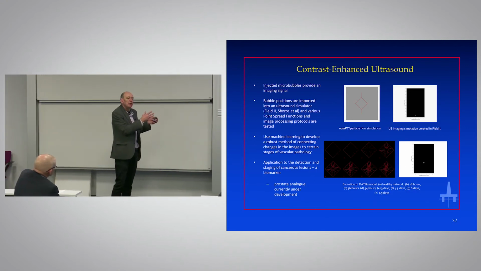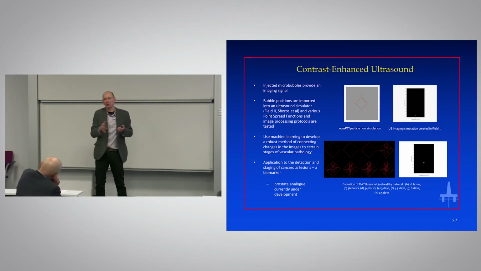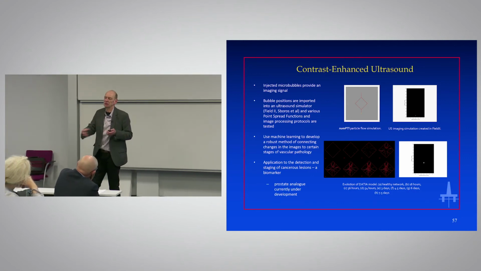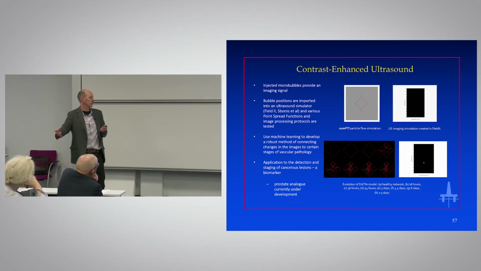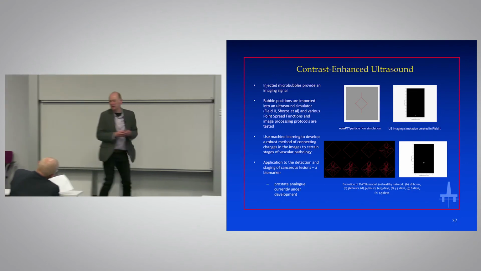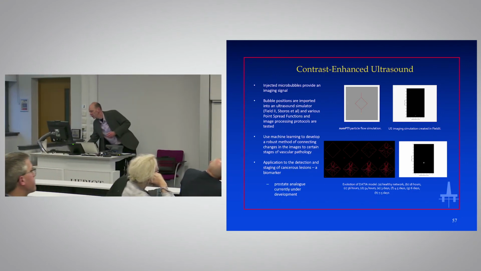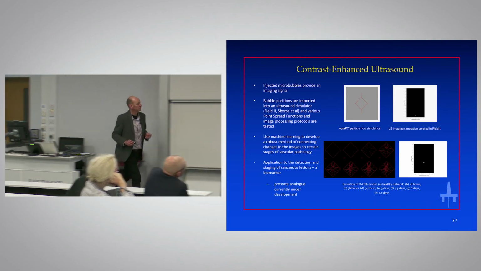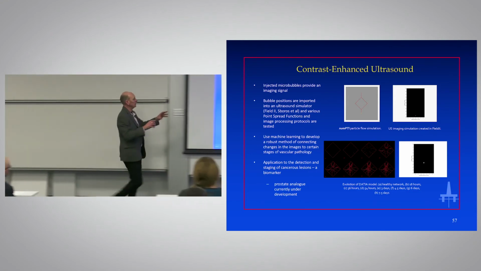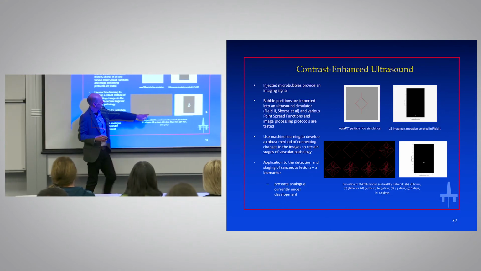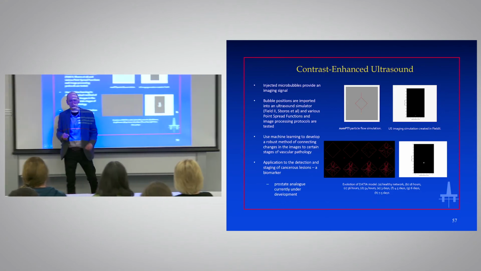Well, when you've got more complex interconnected capillary networks, you would like to know the structure at different stages of cancer development. It's quite hard to see here, but there's an angiogenic network here, a messy network like I showed in the earlier slides. And this is the ultrasound image that's been produced.